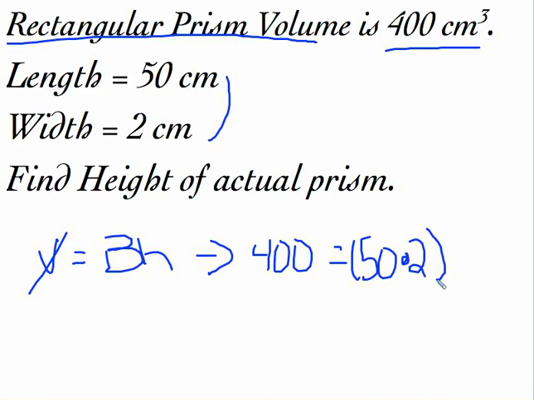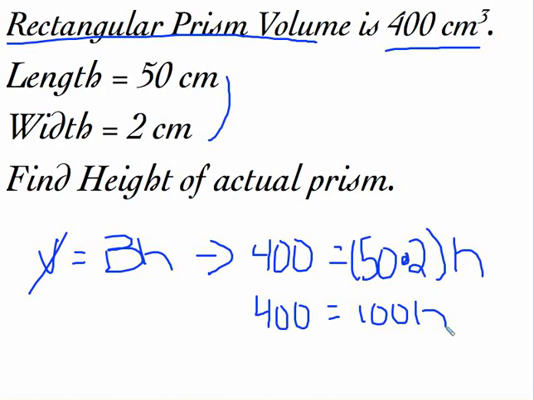And since I don't know what the height is, and that's what I'm trying to solve for, I'm going to leave that as a dimension that I don't know, so I'm going to use a variable. Then I'm going to simplify everything that I can in this problem. I know 50 multiplied by 2 is 100. So I'm left with 400 equals 100 multiplied by h.